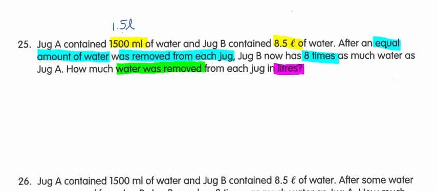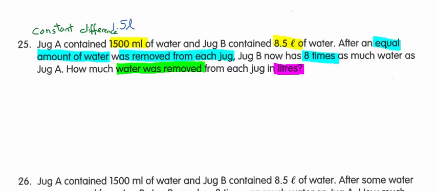Now, what strategy is this? A, I have this amount. B, I have this amount. Equal amount was removed from each jug. Now, if you are able to think and you recall, this seems to be a constant. What is constant here? Yes, the difference.